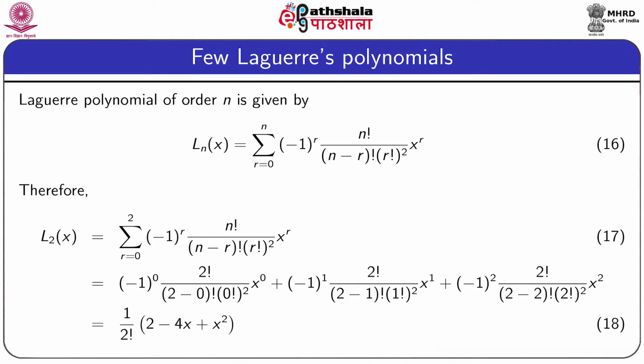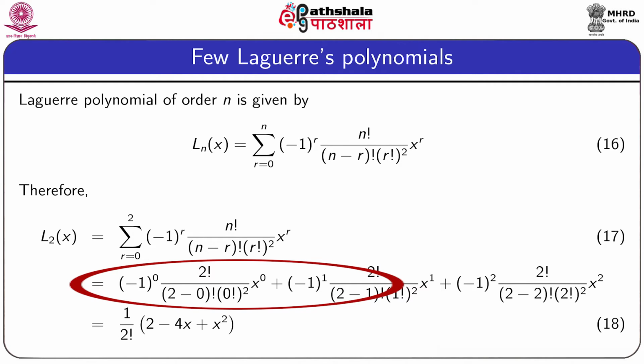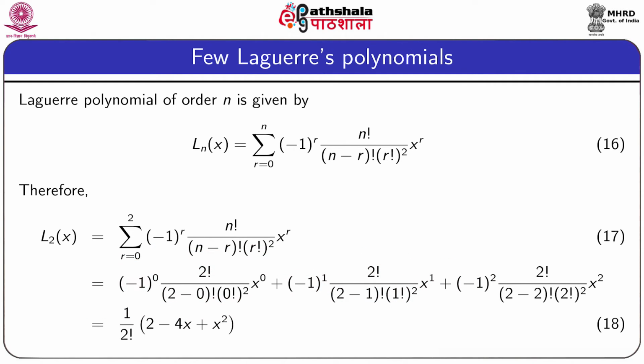If you expand this, you will get (-1)^0 · 2! divided by ((2 - 0)!)^2 · x^0 for r equal to 0, and for r equal to 1, (-1)^1 · 2! divided by ((2 - 1)!)^2 · (1!)^2 · x^1, plus for r equal to 2, (-1)^2 · 2! divided by (2 - 2)! · (2!)^2 · x^2.